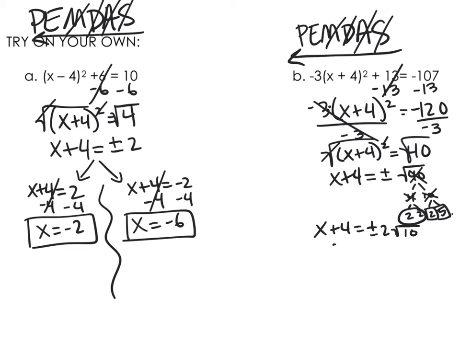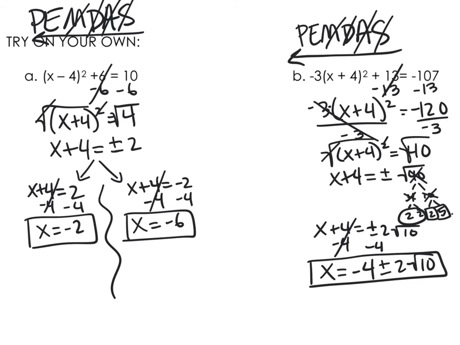So if I subtract 4 on both sides, here's how I want you to write your answer. You're going to put that negative 4 out front, plus or minus that crazy radical. So whenever you're doing one like this, your crazy radical is going to go second. And you're just going to leave your answer like that. I know it looks crazy, but it's okay.